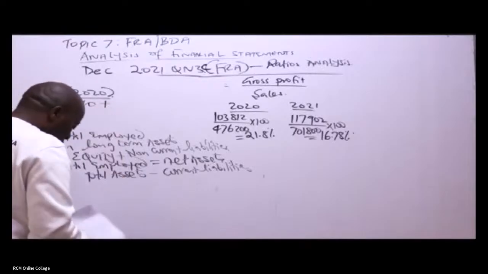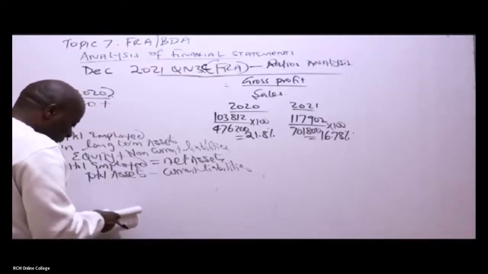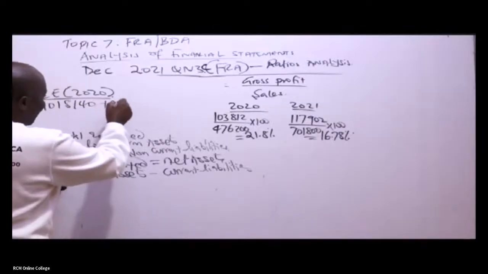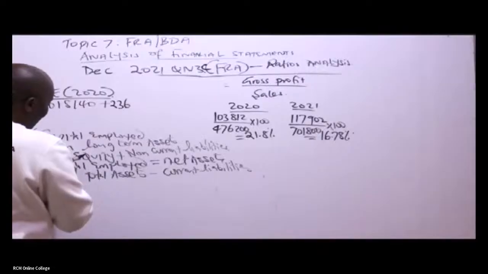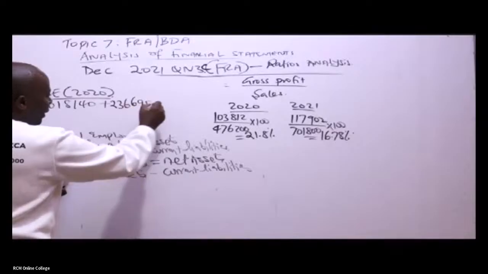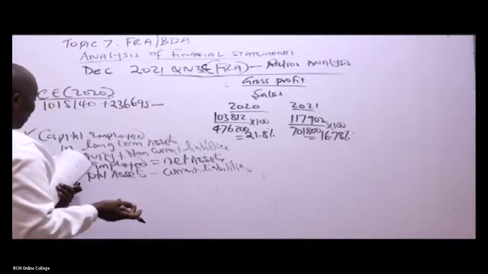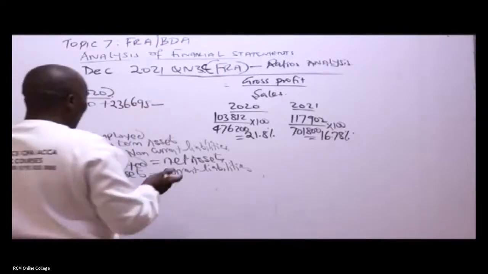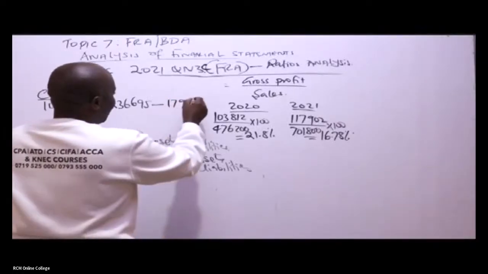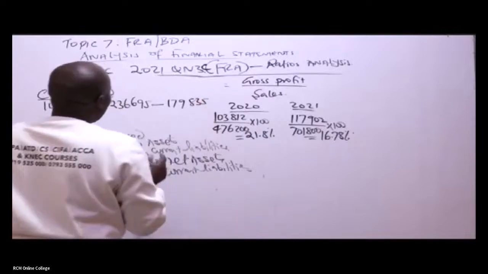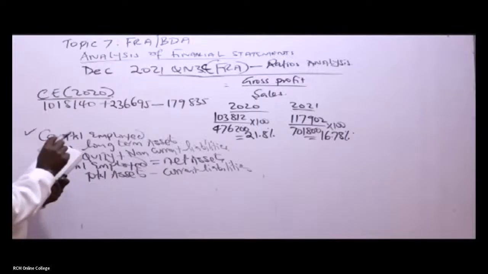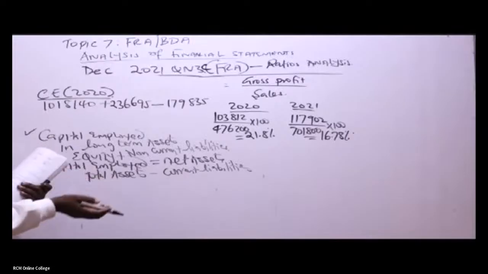Plus, we have other assets called current assets. And the current assets for 2020, I can see they're coming to 236,695. So these are total assets. We take away the current liabilities, which are 179,835. That way you will have gotten your capital employed for 2020.